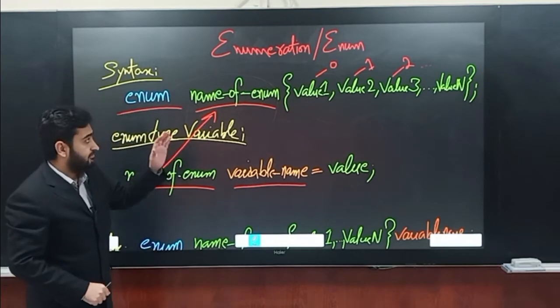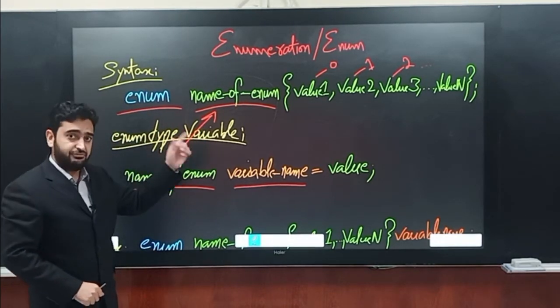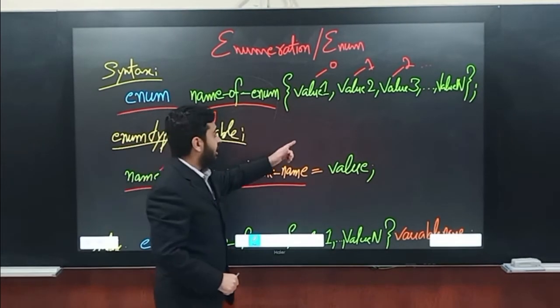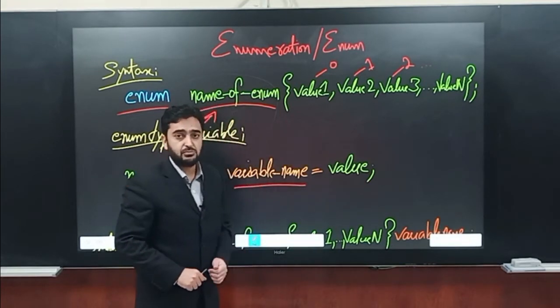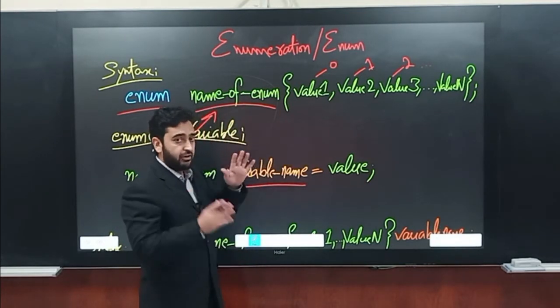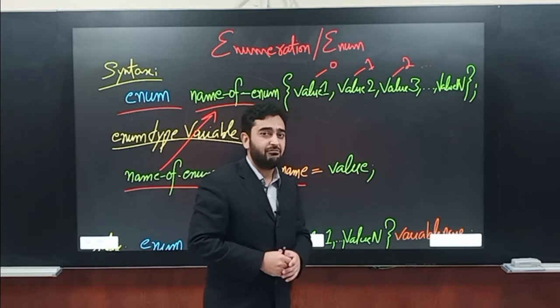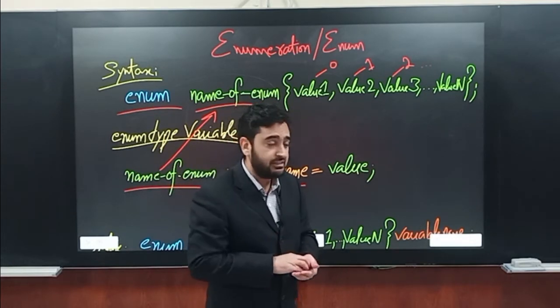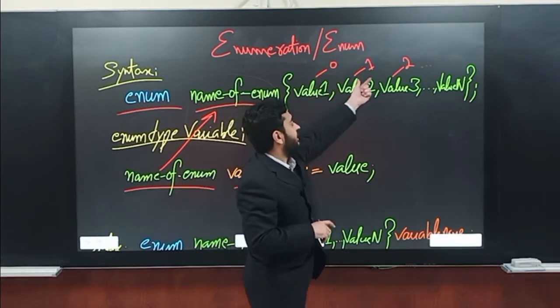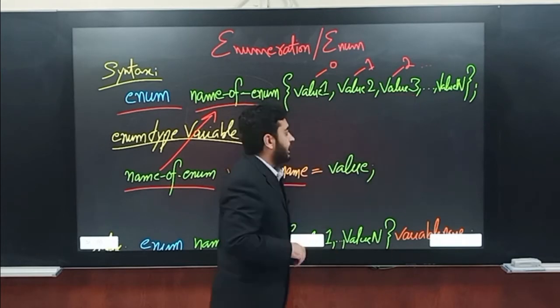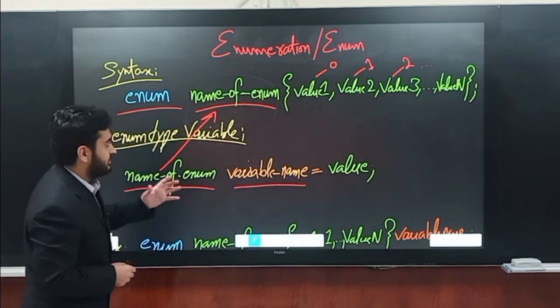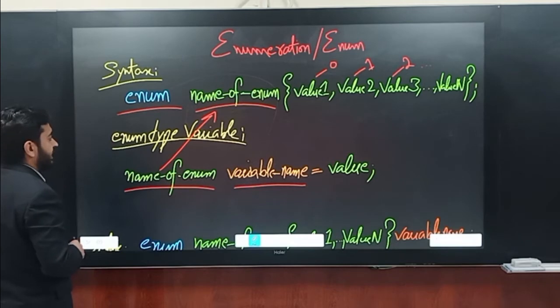This is the default numbering of the values in C++ programming: whenever you provide a set of values, those values are assigned the indices 0, 1, 2, and so on, in the order provided in the enumeration set.